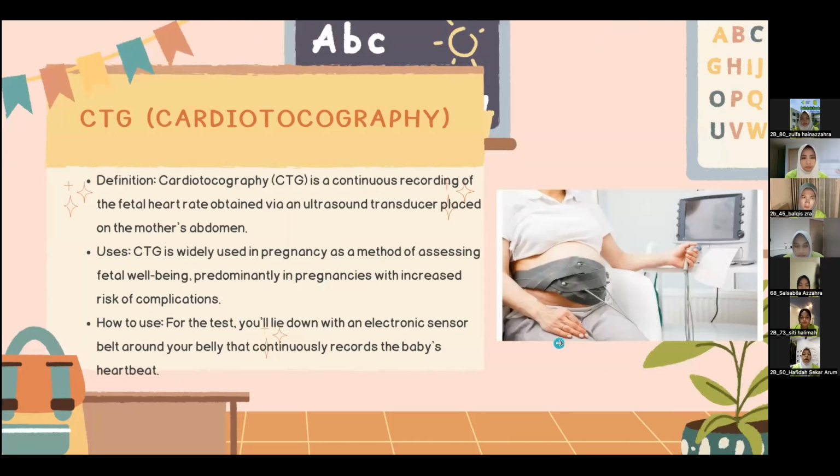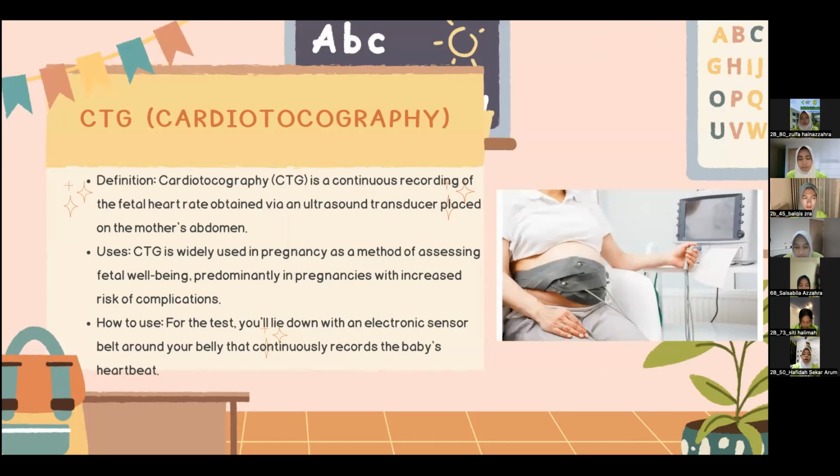CTG, or cardiotocography. Definition. Cardiotocography or CTG is a continuous recording of the fetal heart rate obtained via an ultrasound transducer placed on the mother's abdomen. Uses.